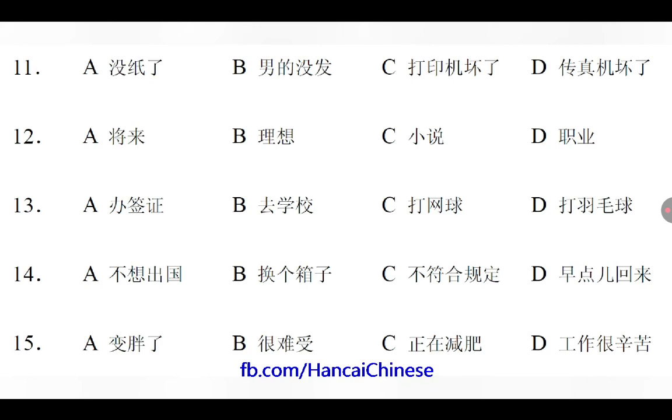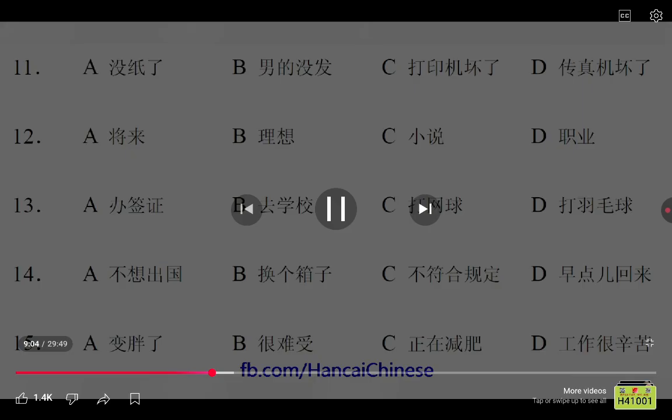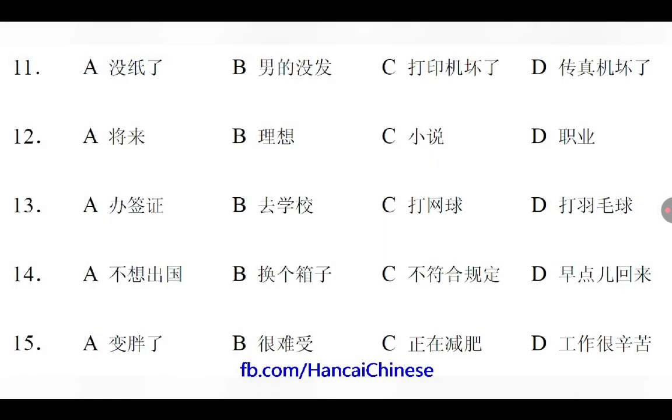The girl says, I have to go to the embassy for applying for my visa. Not that they do it together. That's why I told you you have to understand the question.